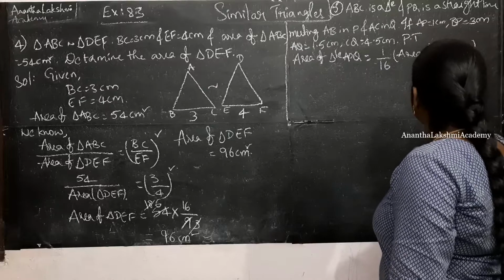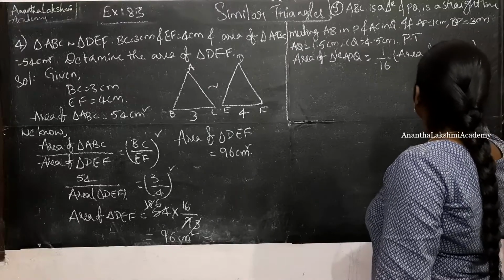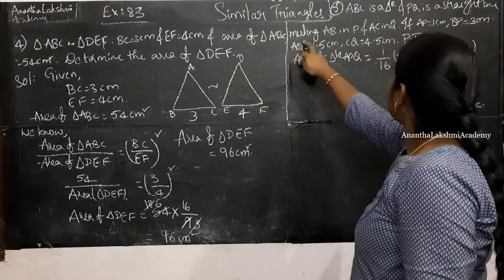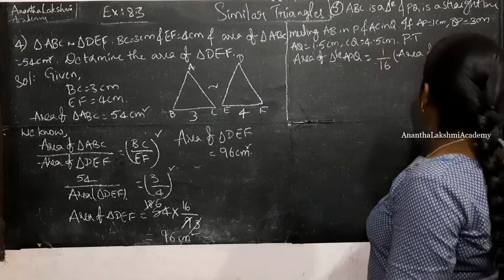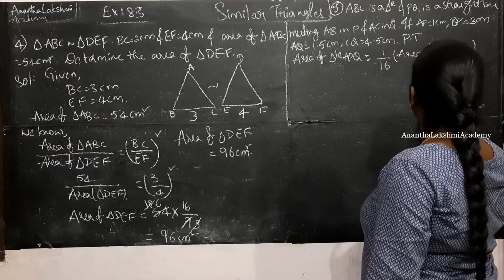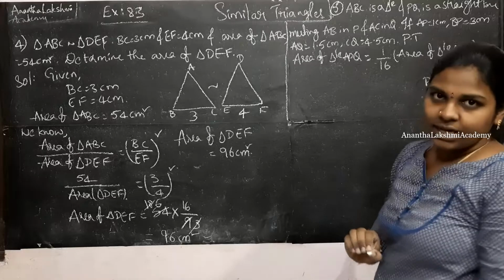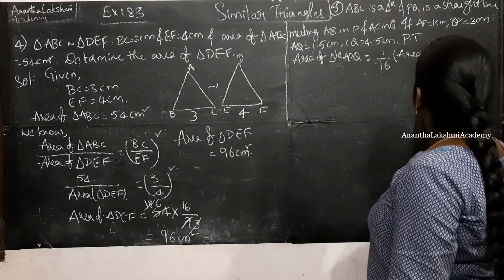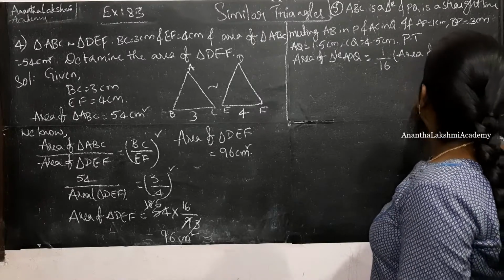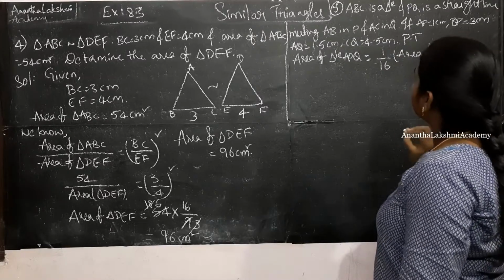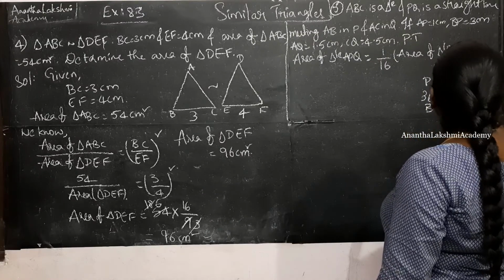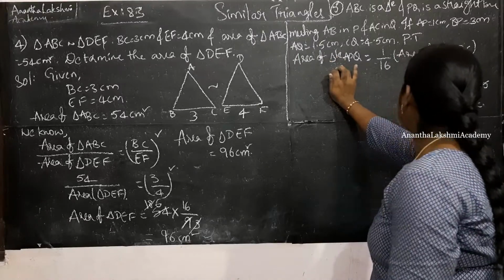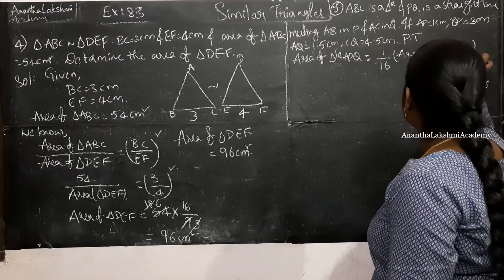Now, PQ is a straight line meeting AB in P and AC in Q. Okay, if AP is equal to 1, BP is equal to 3, AQ is equal to 1.5 and CQ is equal to 4.5. Prove that area of triangle APQ is equal to 1 by 16 of area of triangle ABC.